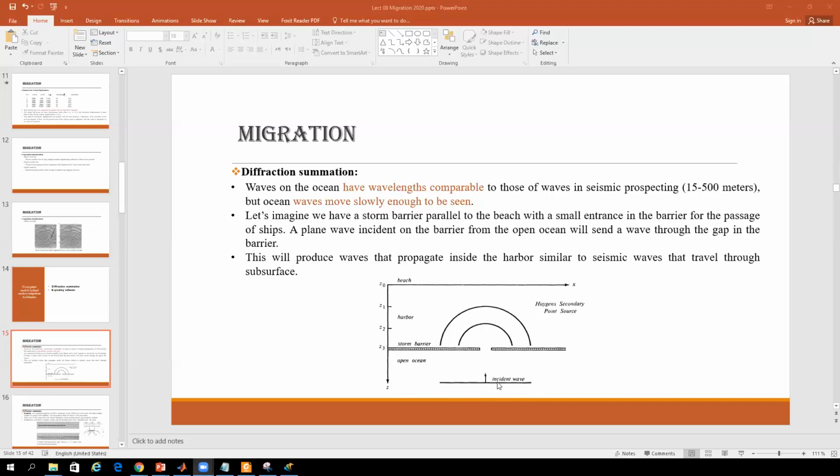When the wave is coming from the ocean, it comes as a plane wave, but when it enters this entry point, it will be like a spherical wave. Here we will have wavefronts which will propagate and spread, getting larger and larger as we go from the source. And this is exactly what is happening in seismic acquisition.